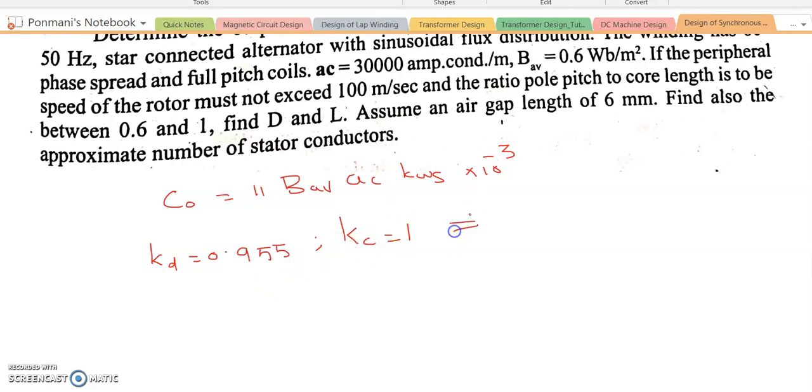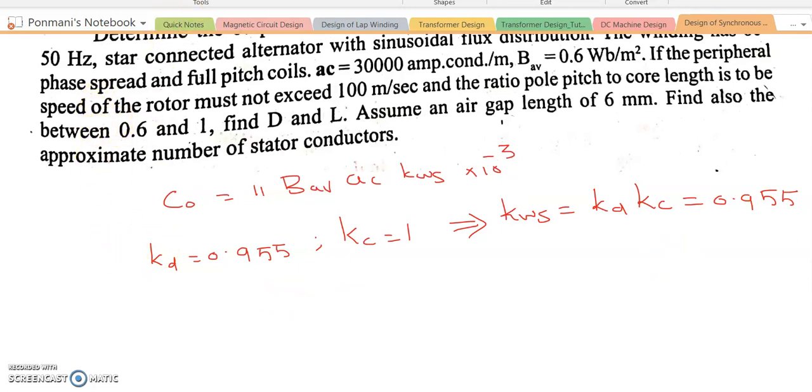So the winding factor Kw is the distribution factor multiplied by the coil span factor, which will be equal to 0.955. This is also the conventional value we will be assuming in problems of AC machines, so that we can substitute all the parameters.